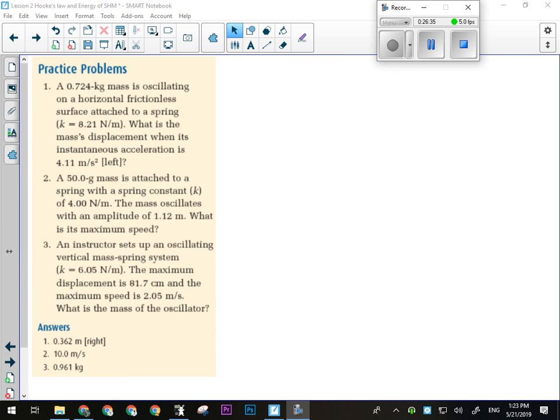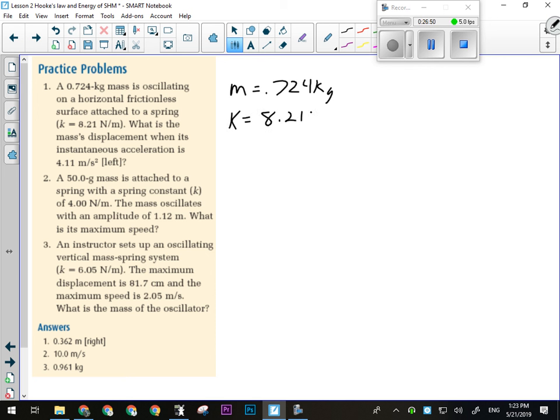So on question number one, we know our mass is 0.724 kilograms, and it's oscillating, going back and forth on a frictionless surface attached to a spring whose spring constant is 8.21 newtons per meter. What is the mass's displacement when the acceleration is 4.11 meters per second squared left? It's on a horizontal frictionless surface.